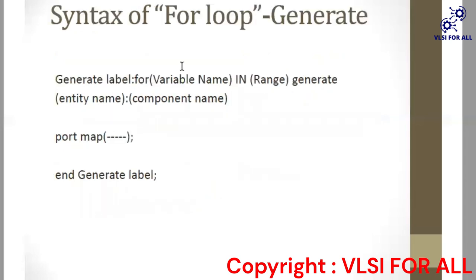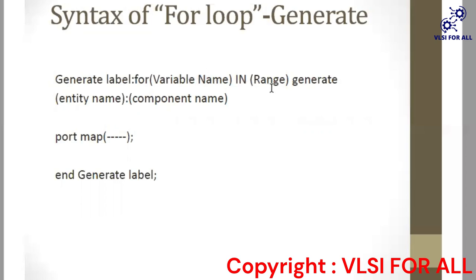So this is the syntax for the for loop generate statement. The generate label is user defined, you can give any name which you want at the place of generate label. The variable name is also user defined, you can give any variable you want.